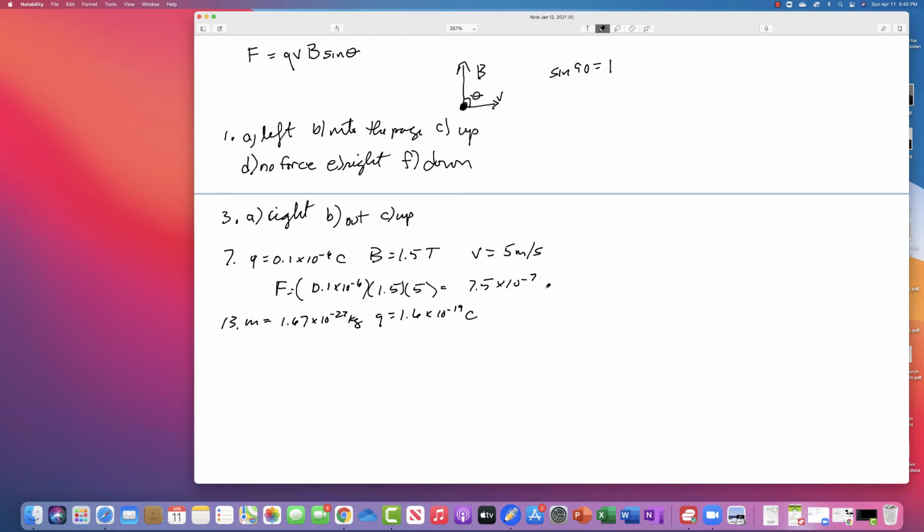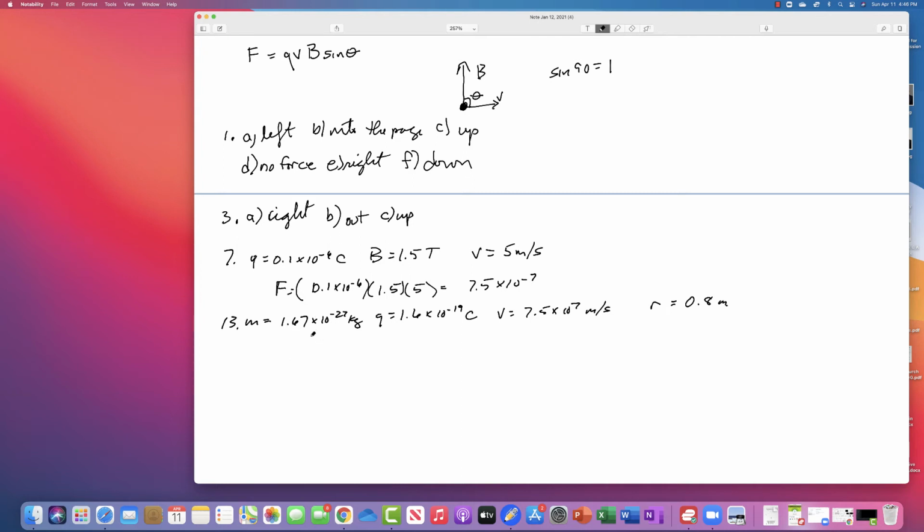It's moving at a velocity of 7.5 times 10 to the 7th meters per second, which is just a little short of the speed of light, perpendicular to the field, and a radius of 0.8 meters, okay?